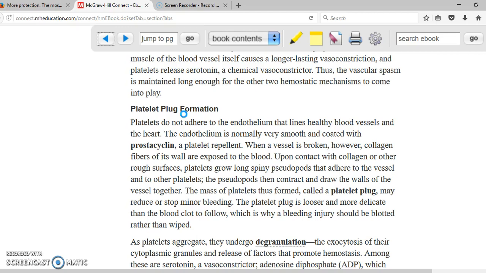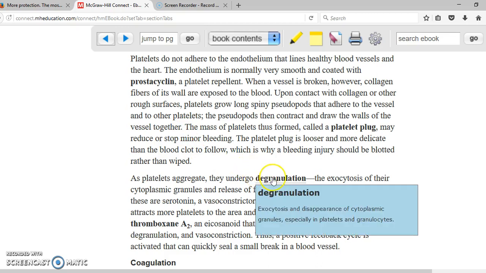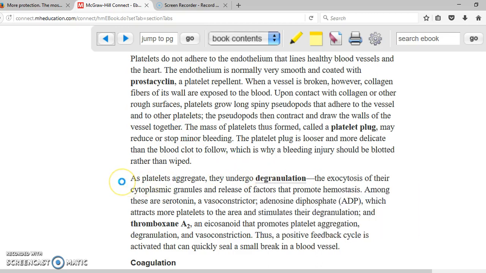Von Willebrand factor is like a glue that will help these platelets attach to the blood vessel to initiate the platelet plug formation. So once you have the platelets and the platelets start attaching to the blood vessel, the platelets are going to start producing and releasing some chemicals by a process called degranulation, as you can see here, degranulation. These chemicals that the platelets are going to release, for example, are going to be serotonin.